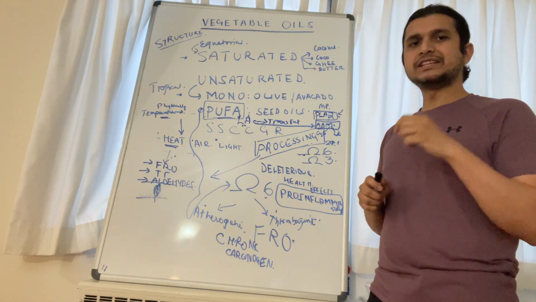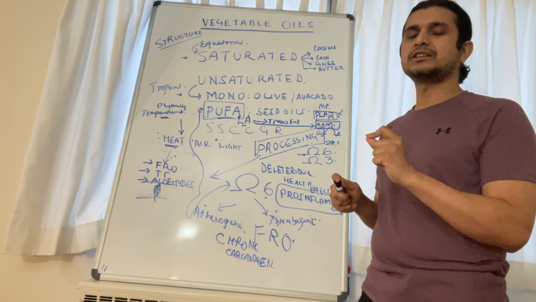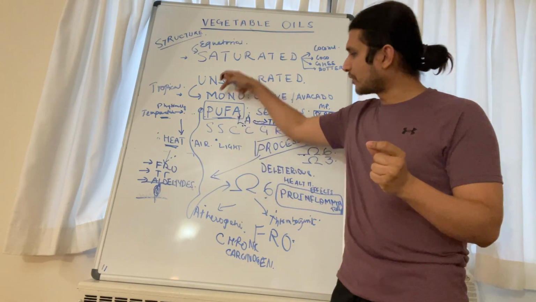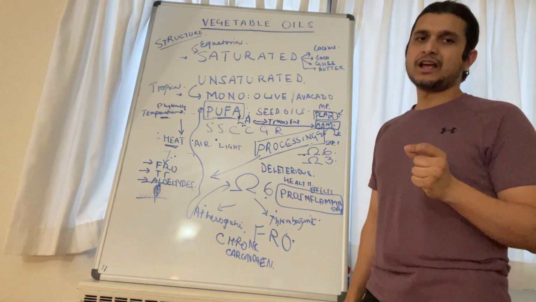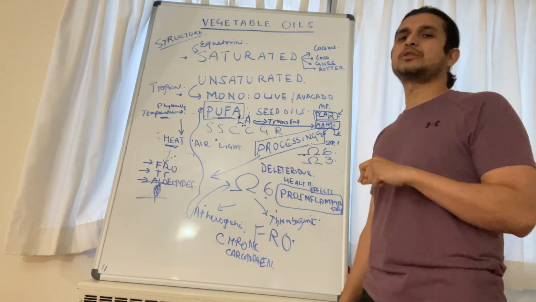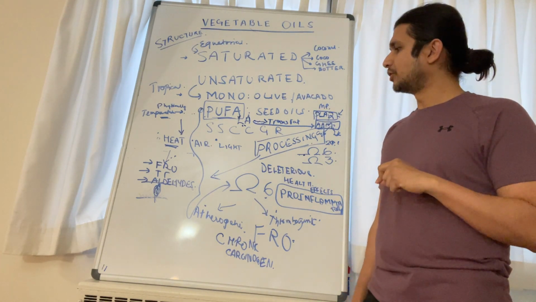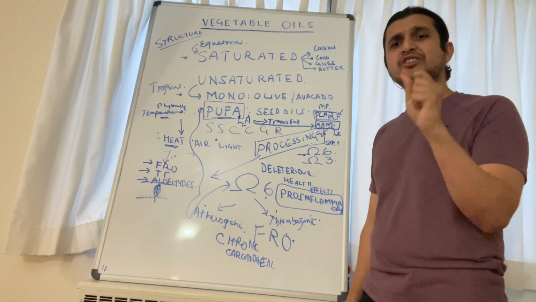So vegetable oils in that regard are also carcinogenic, or there is a risk of causing cancer because of all the processing, because of all the heat generating the aldehydes. And just like aldehydes from smoking cigarettes can cause cancer, vegetable oils can also be a source of cancer. So that is why you should not heat the oils for long. You should not heat the oils repeatedly.